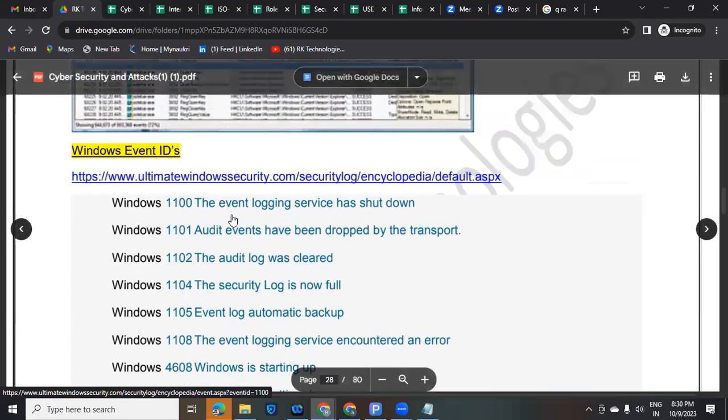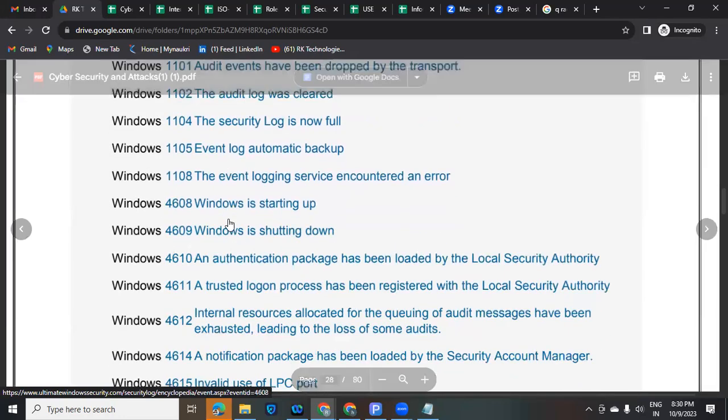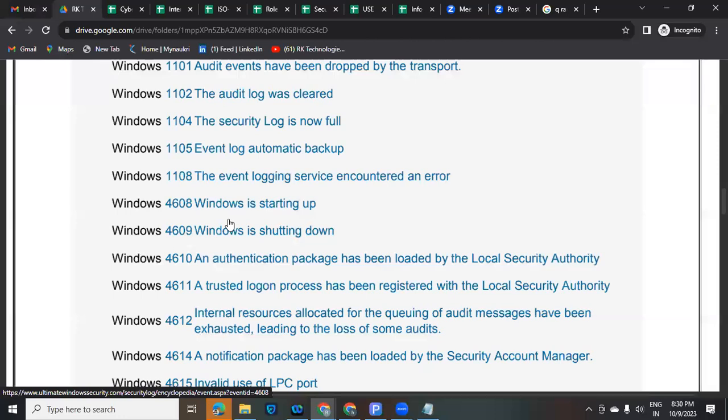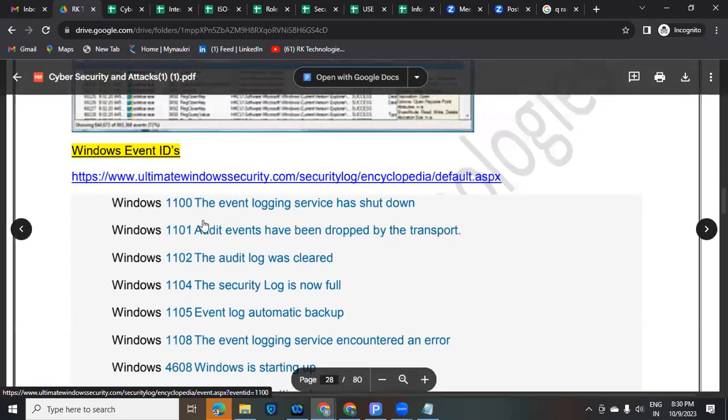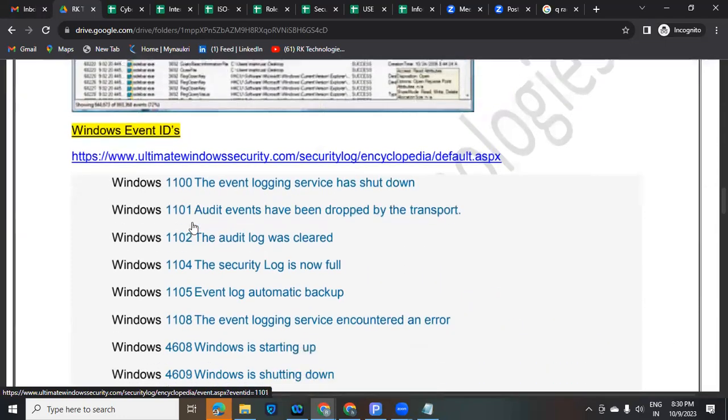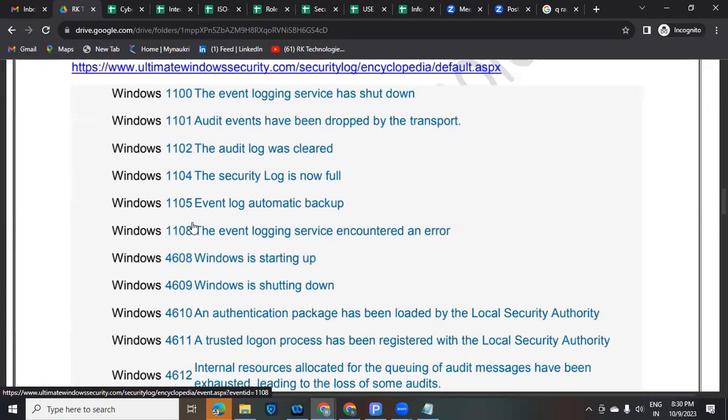Approximately 60 to 80 event IDs are there. You can remember approximately 4 other than 4624 and 4625. Is it clear on the event IDs? Any doubt? No, sir, clear. Yes, other than 4624 and 4625, you have to remember another 3 or 4 event ID numbers. Hope it is clear.